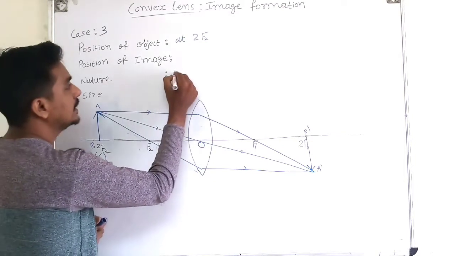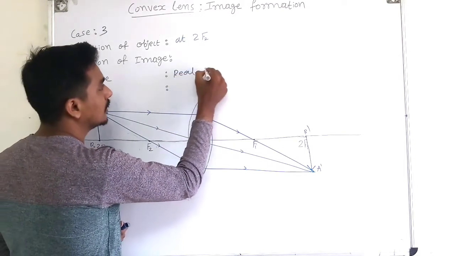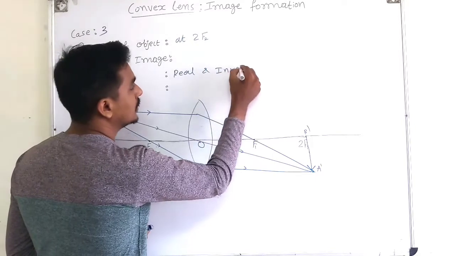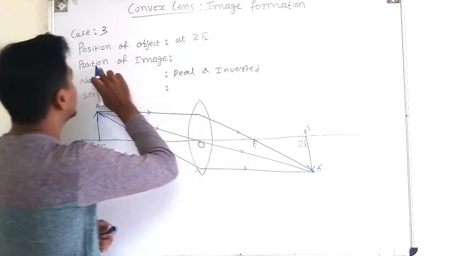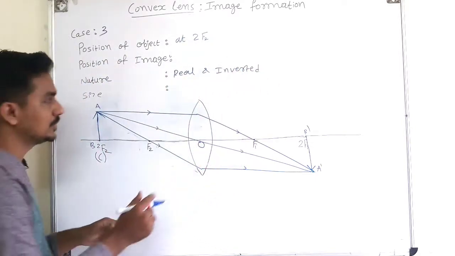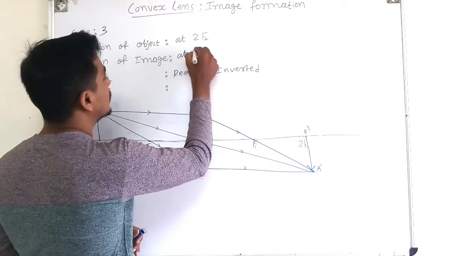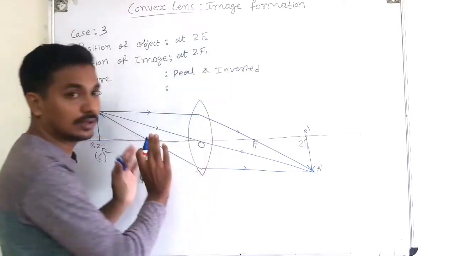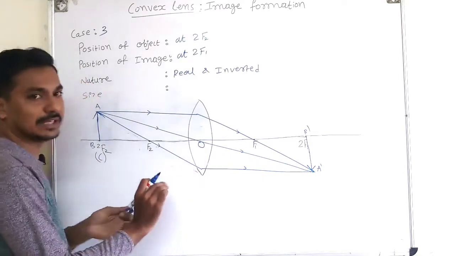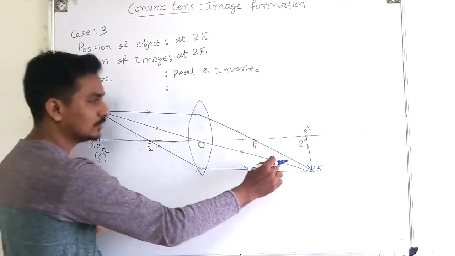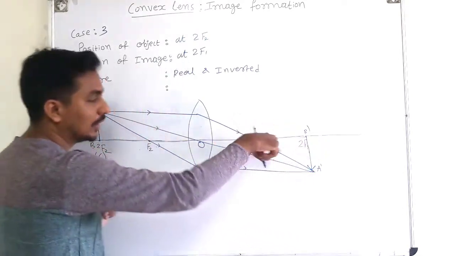the nature is real and inverted. Where is the position? The position is at 2f1 on the other side of the lens, because here 2f and here 2f, this is also called the center of curvature, right?